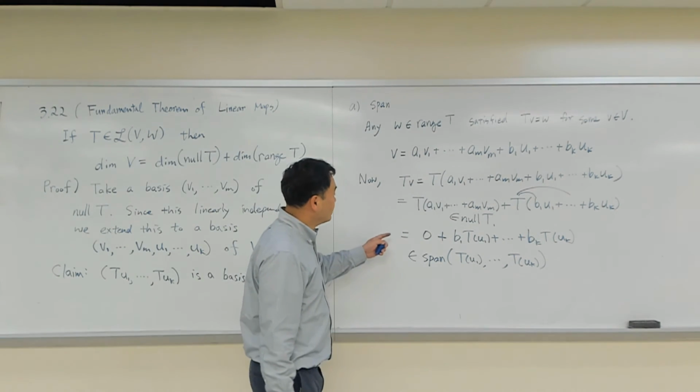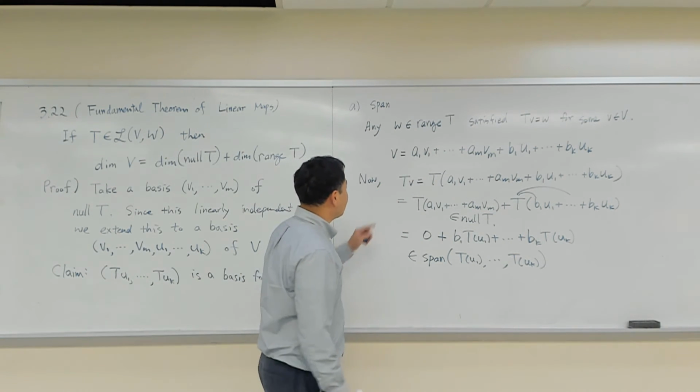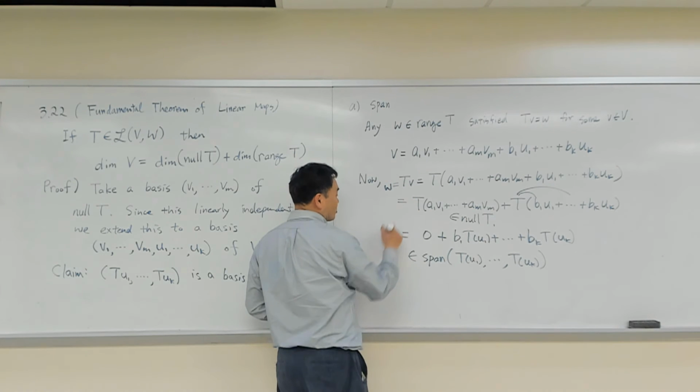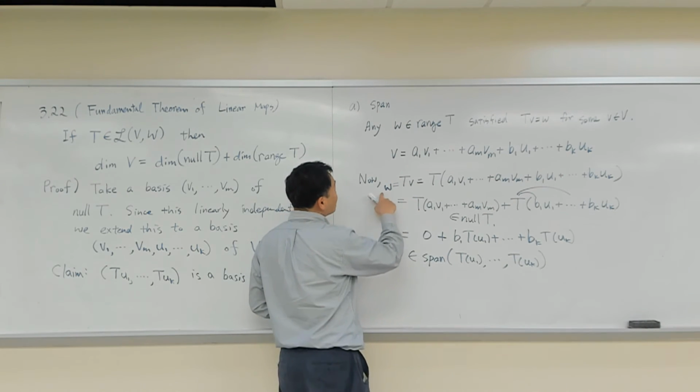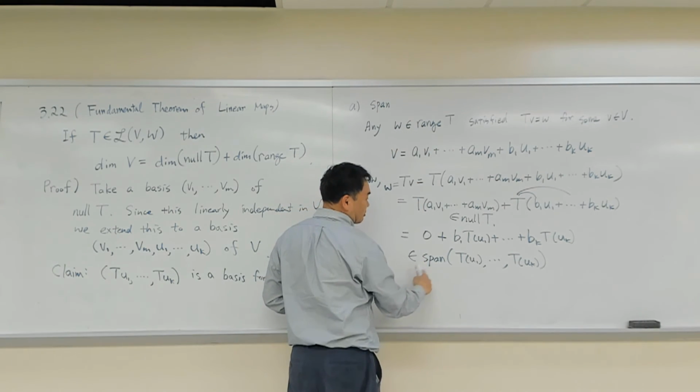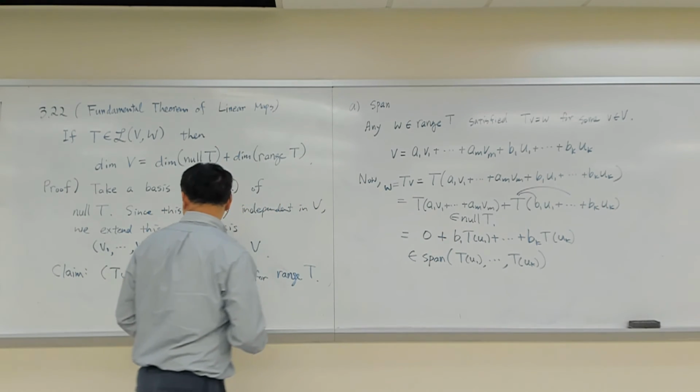Okay. And because this is W, I should have said W equals. So we've managed to say any W is in the span of this. So that part is done.